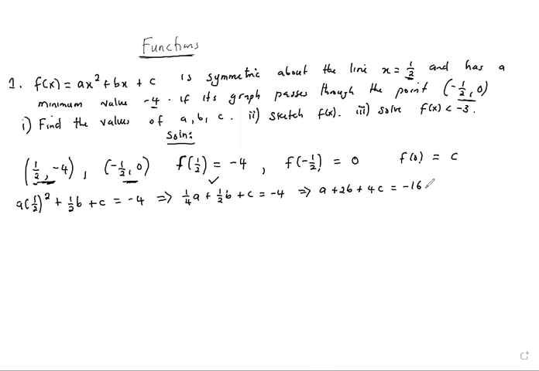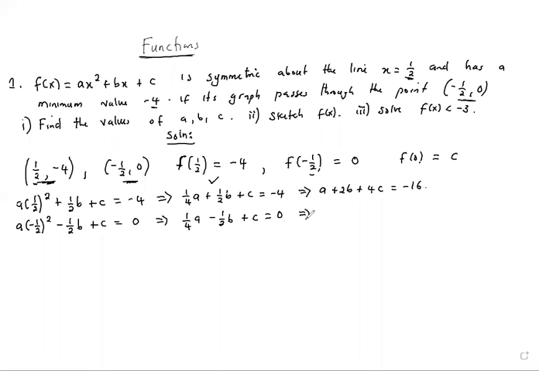Then we go again, we take -half: a times -half squared minus half b plus c is equal to 0. So this is telling us that 1/4 a minus 1/2 b plus c is equal to 0.